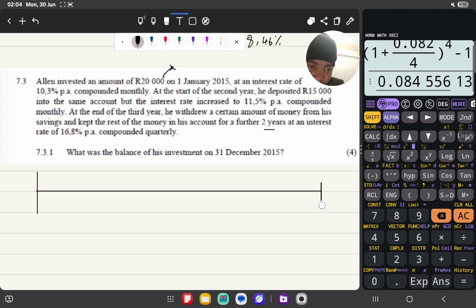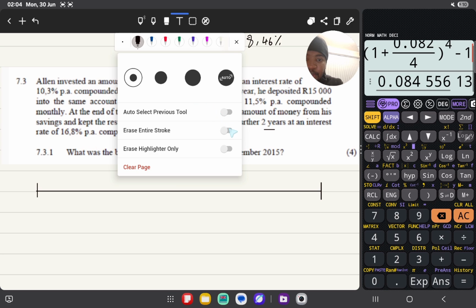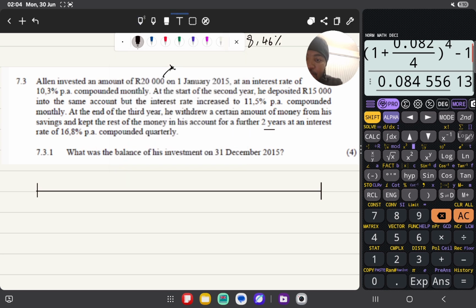So, the timeline: T0, T1, T2, T3, T4, T5.